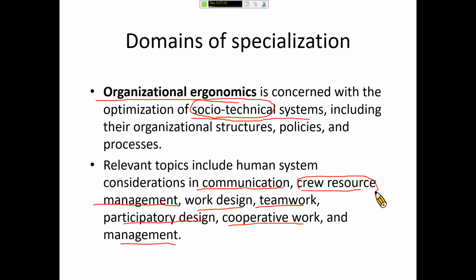For example, in a nuclear power plant, there is a control room. Usually there's only 3 to 6 people working there.